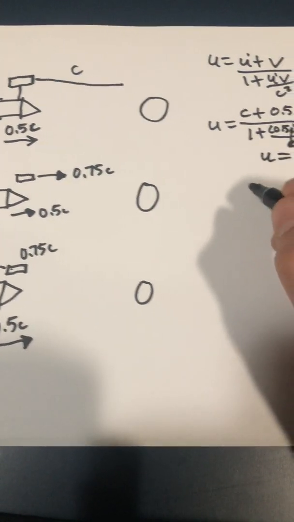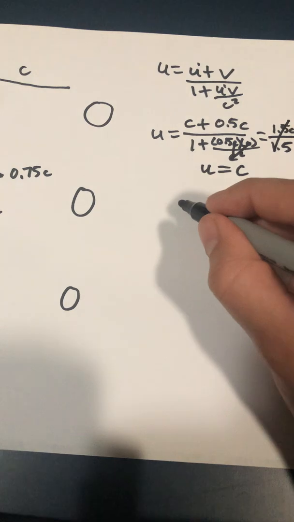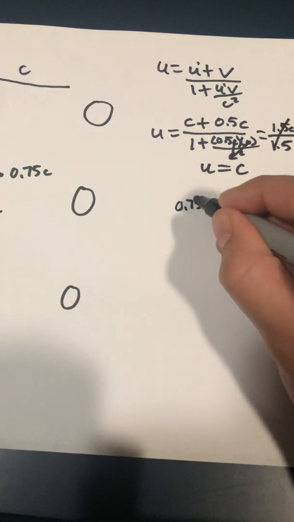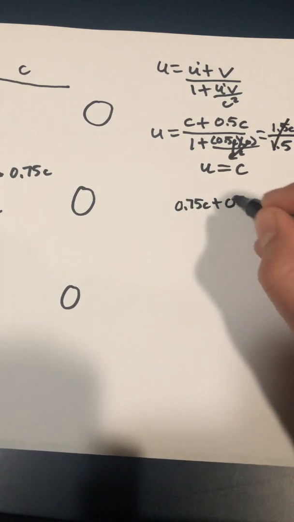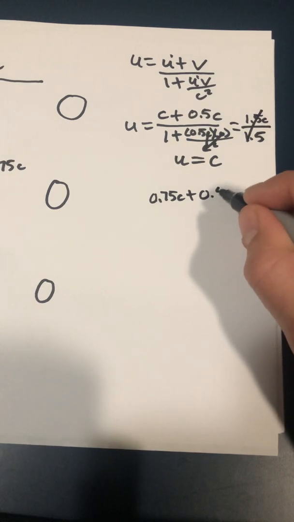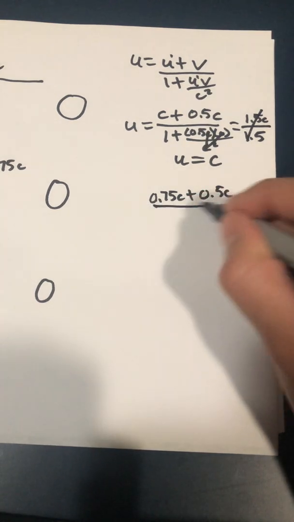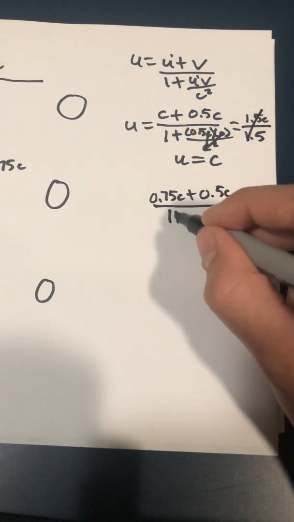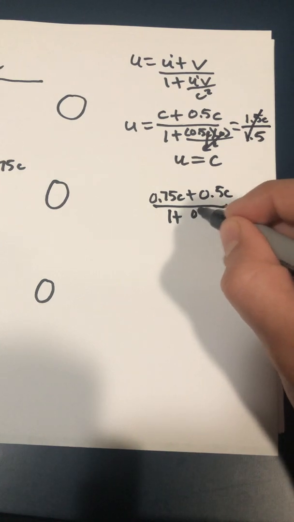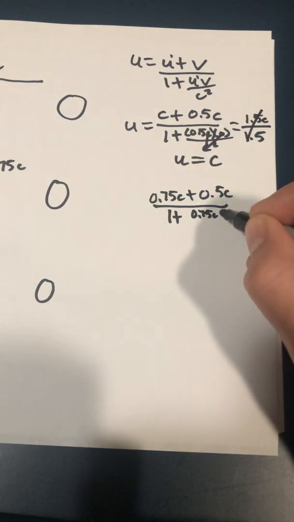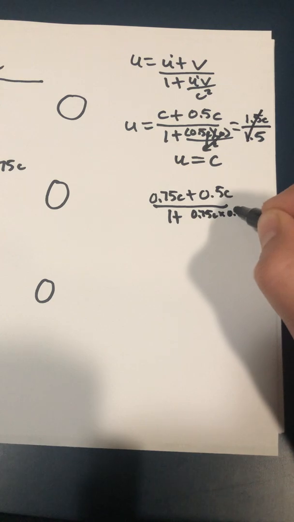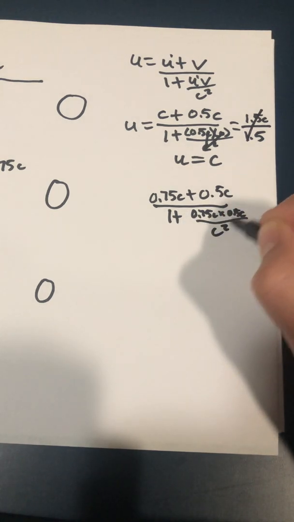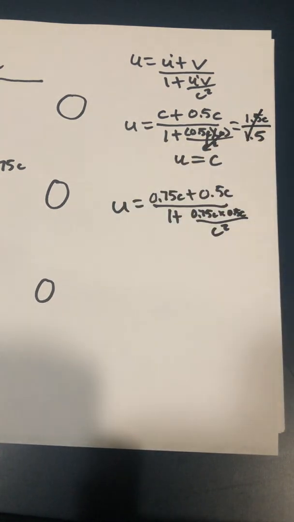So we calculate it over here like this. 0.75 times the speed of light plus 0.5 times the speed of light, and the bottom 0.75 times 0.5 divided by c squared is equal to u.